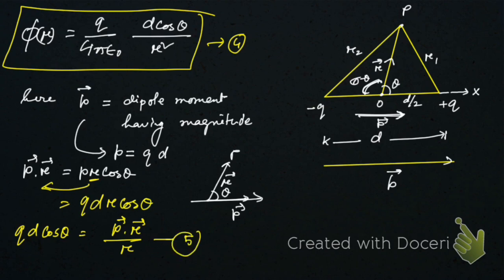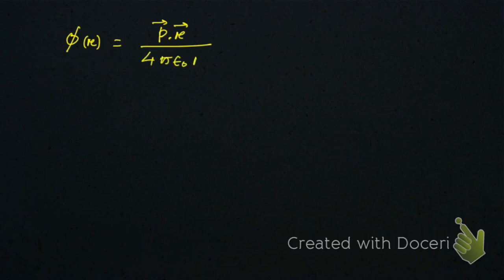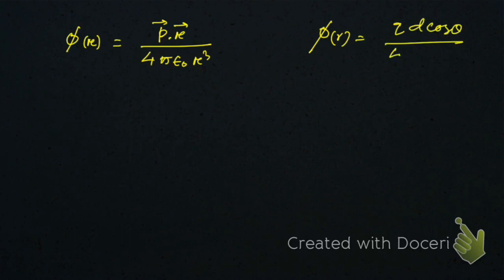If you use equation number 5 in 4, then you can write this result as, phi r equals p vector dot r vector by 4 pi epsilon naught r cube, because here you see we had phi r is equal to q d cos theta by 4 pi epsilon naught r square, right?